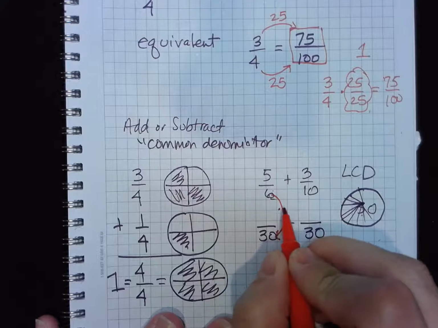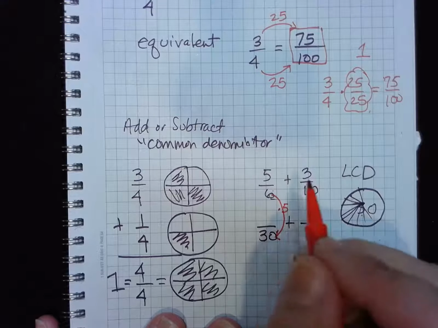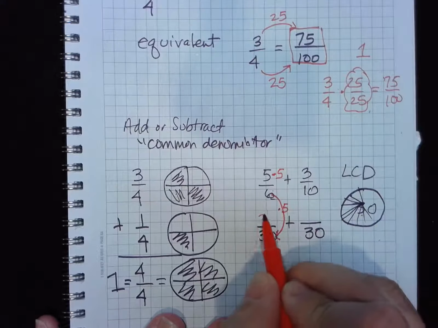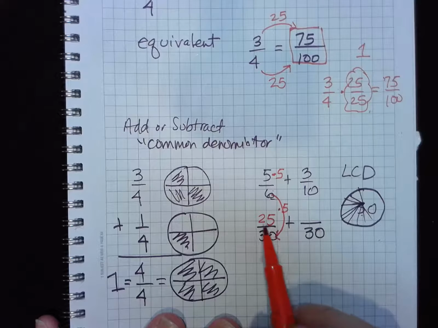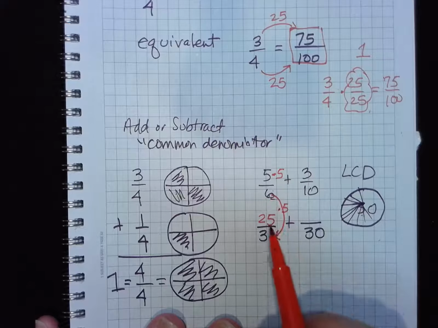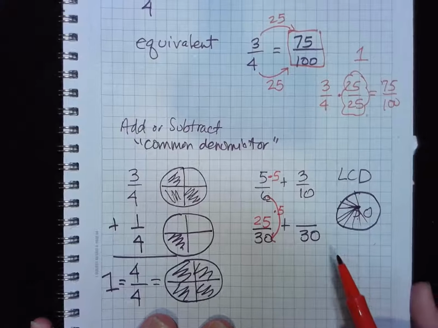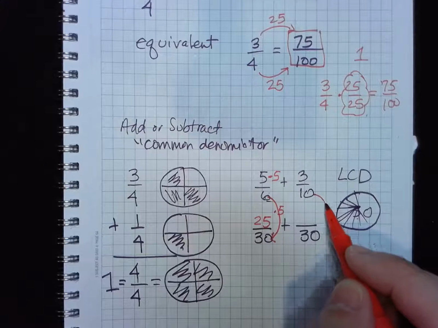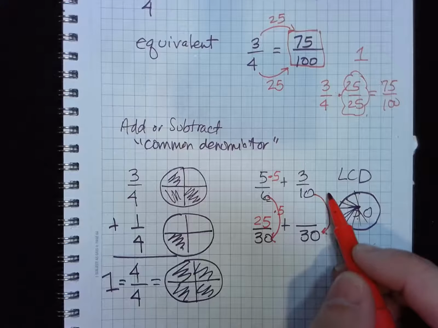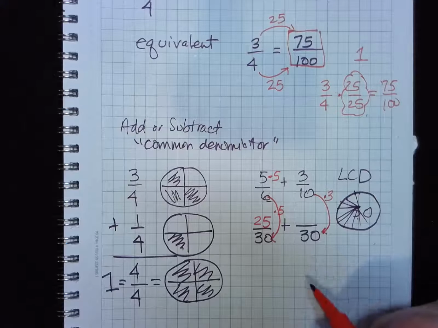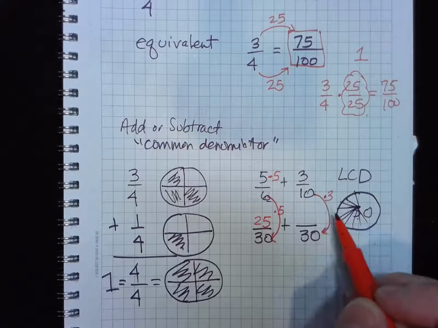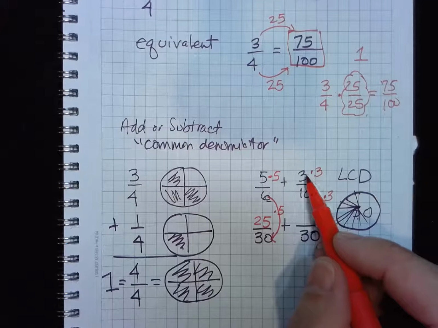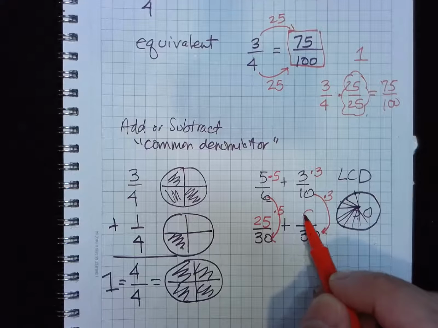And I would have to multiply times 5. So if I multiply the denominator times 5, I have to multiply the numerator times 5. And 5 times 5 is 25, my new fraction. So I do the same here. I started off with 10, but I have to get to 30, so I multiply times 3. Whatever I multiply the denominator by, I have to multiply the numerator. So 3 times 3 is 9.